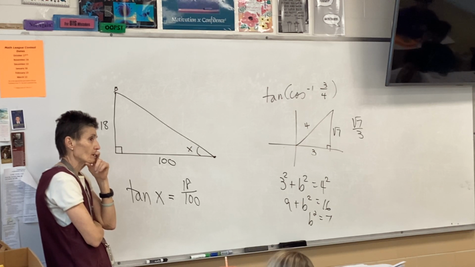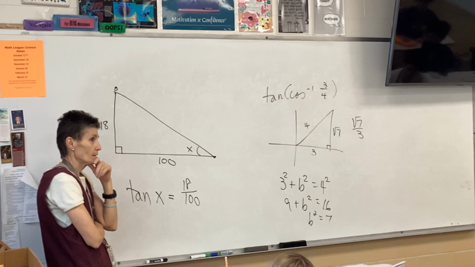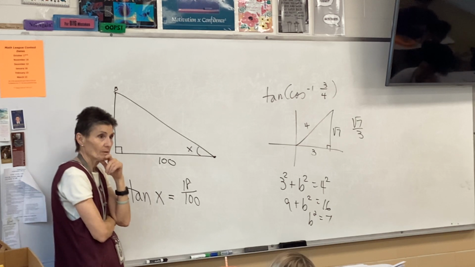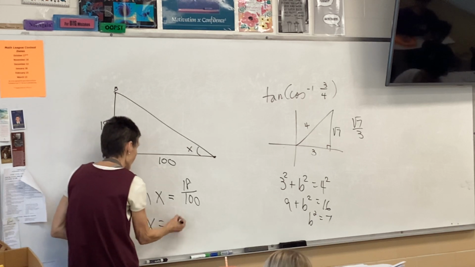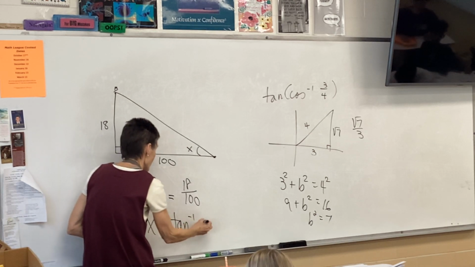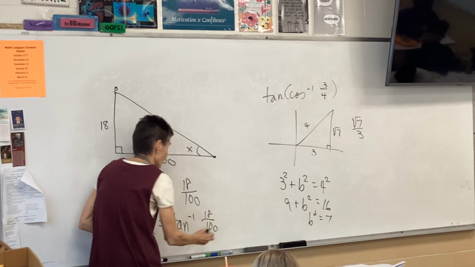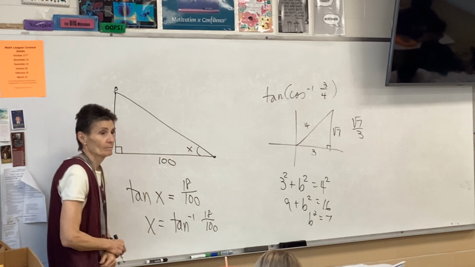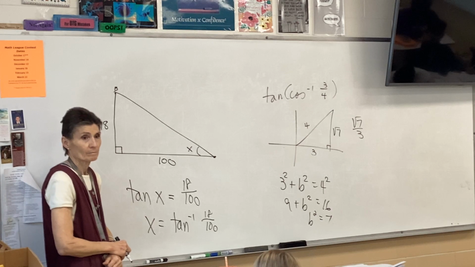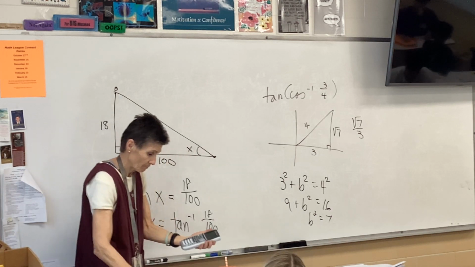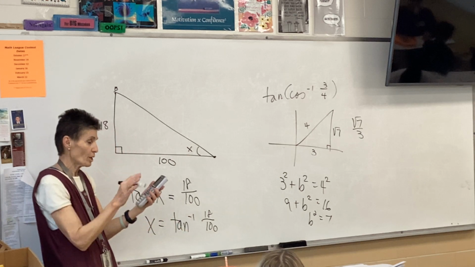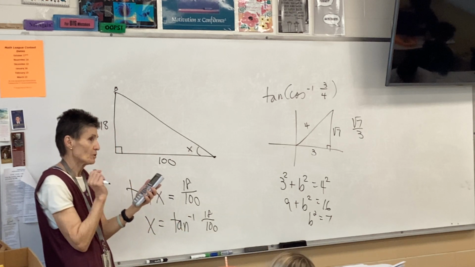Now, who remembers how we find an angle? Inverse. We use the inverse. So x is going to be the inverse tangent of 18 over 100. So then I have to go to my calculator. Real quick check, press mode, make sure you're in degrees.